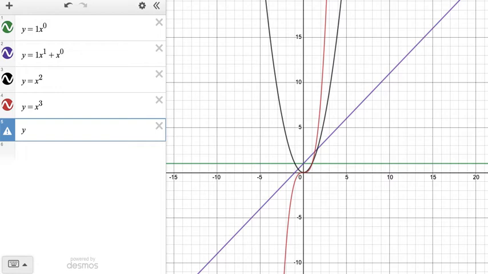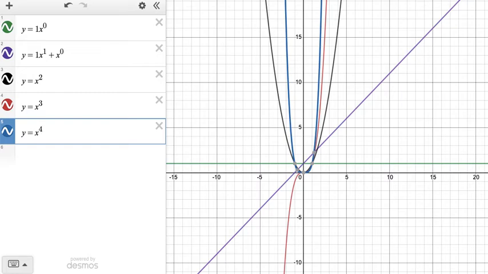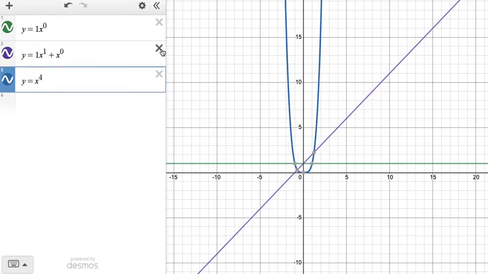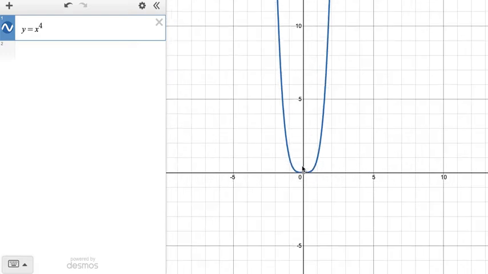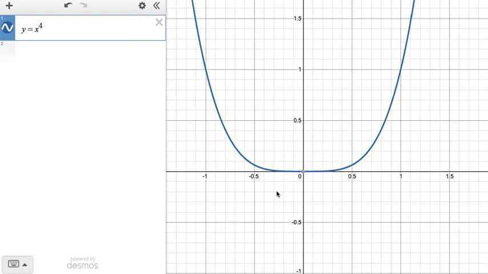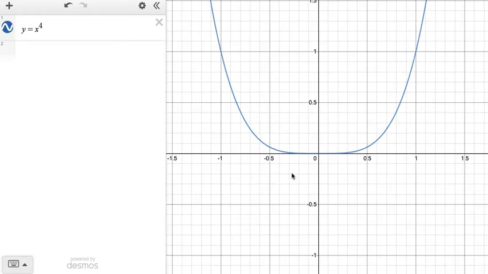Things start to get a little bit more interesting now when we add in higher degrees, x to the 4. Okay, so I'm going to start by kind of cleaning up a little bit here so you can see what's going on. For x to the 4, you can see that there's actually a little jump starting. There's a flat line here. We can't really see it very easily, but it increases slower at the beginning, right?